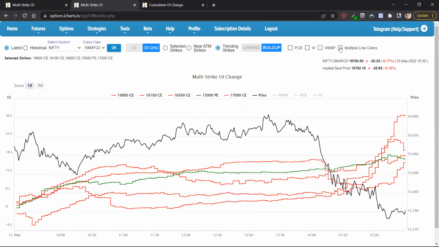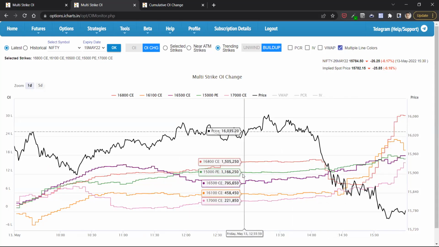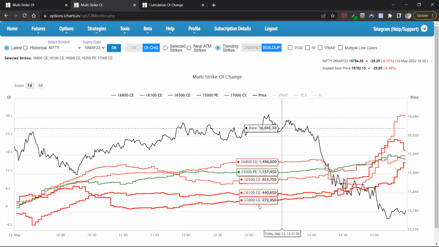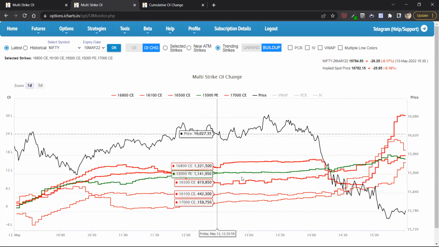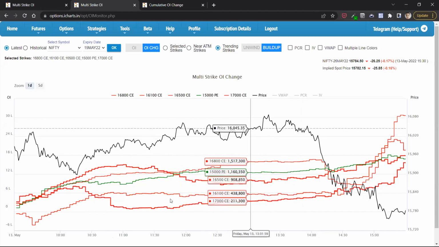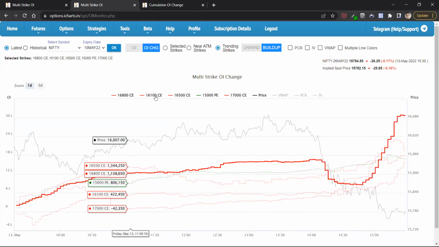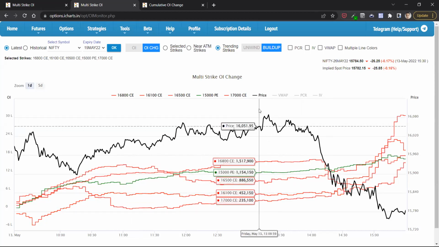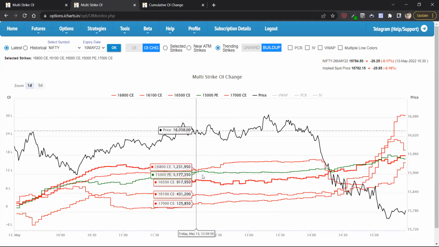You can use different line colors, but I like to use the same line colors. So here I'll quickly know that if there are more red lines, it is bearish, because these reds are calls in my case. By default in the site it will be green, so you can change this.